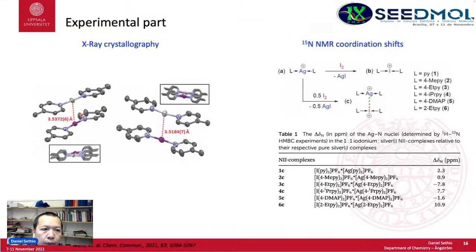They have two different phases, one with 3.53 Angstrom and the other with 3.52 Angstrom, the distance between silver and iodine. They also performed NMR chemical shifts, and they observed the coordination shift of nitrogen here is shifted when they change different side groups.